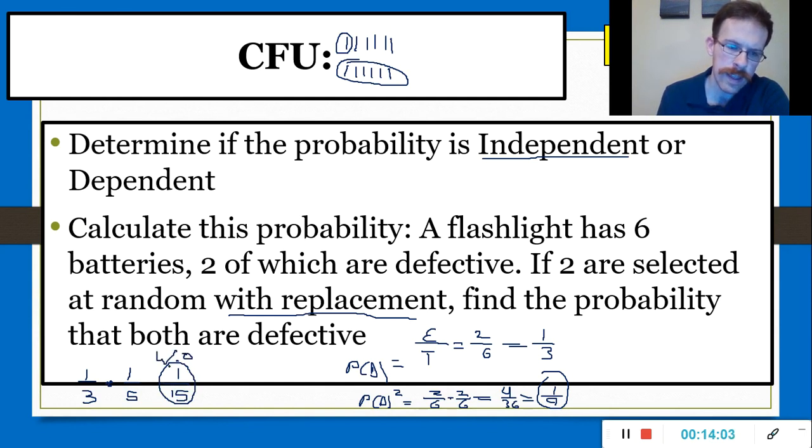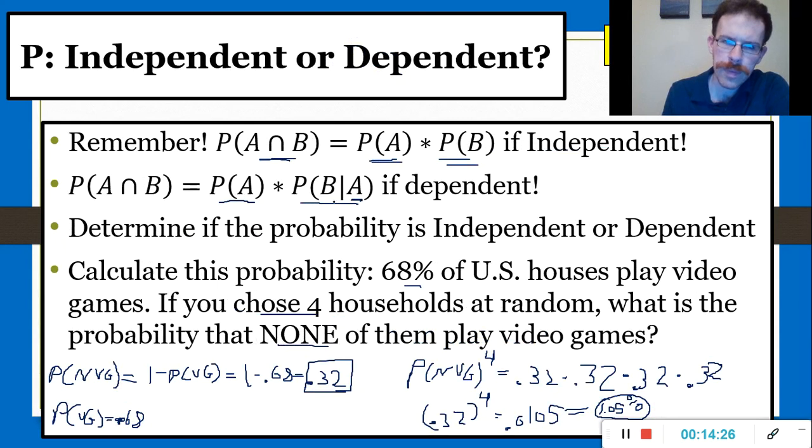This would be dependent, because this is the probability of A, and this would be the probability of B, given the fact that A has already occurred, because your probability has changed. But I'm going to focus more on independent for today. Back this page up. This is very important.